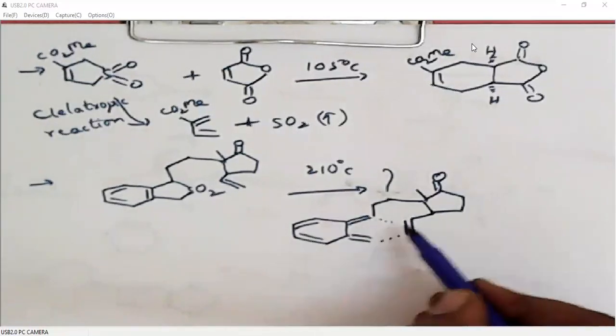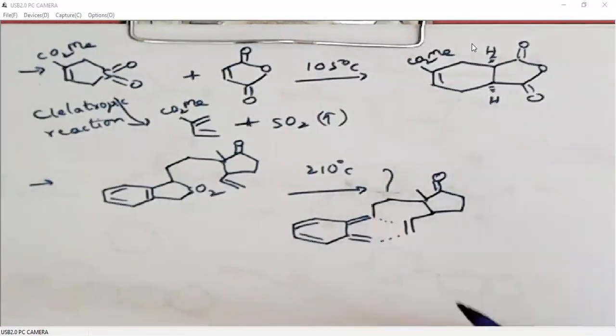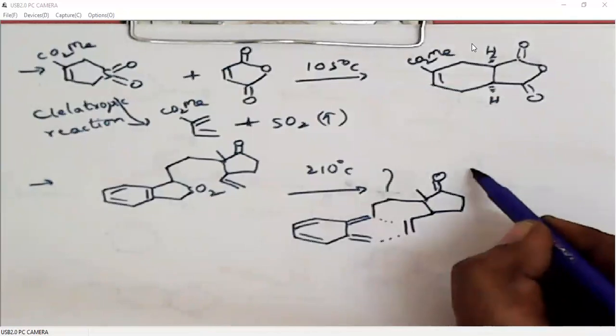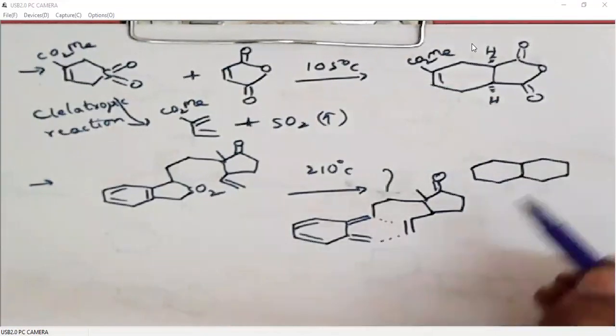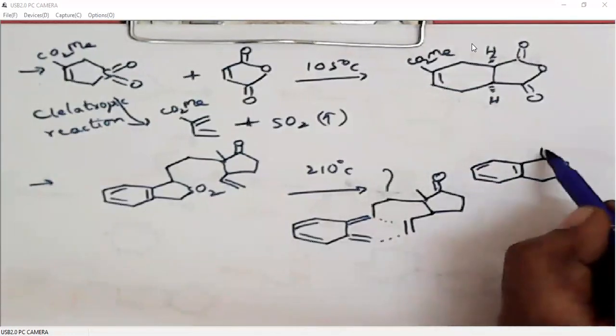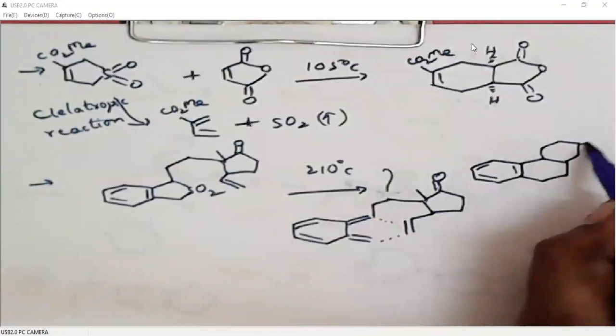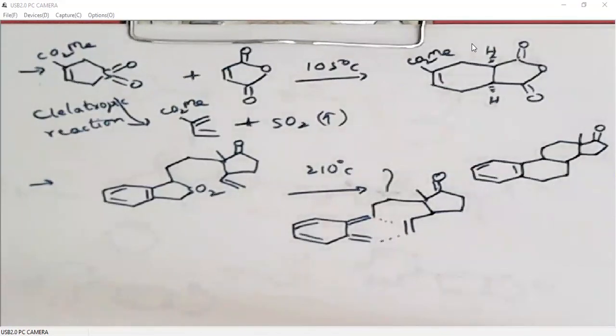Here it is a 6-membered ring. 1, 2, 3, 4, 5, 6. This is again a 6-membered ring. So altogether we will get a tetracyclic system. We are getting a tetracyclic system. This is part of cholesterol, right?